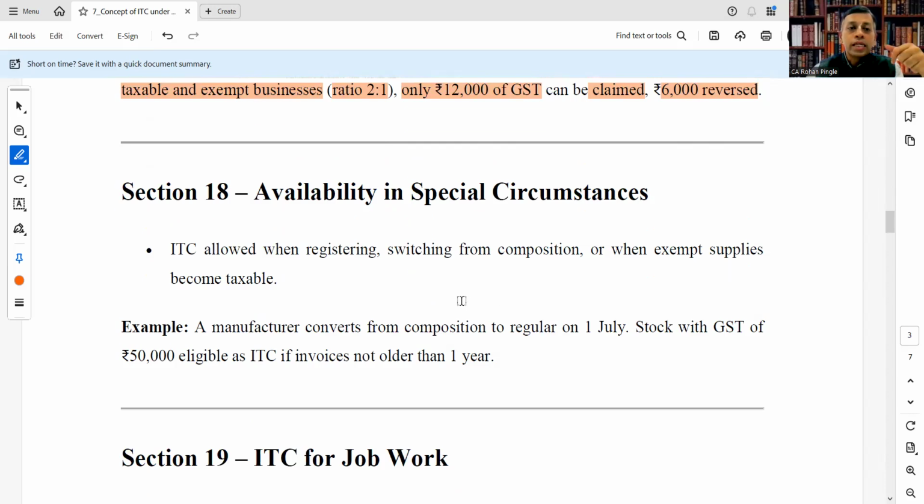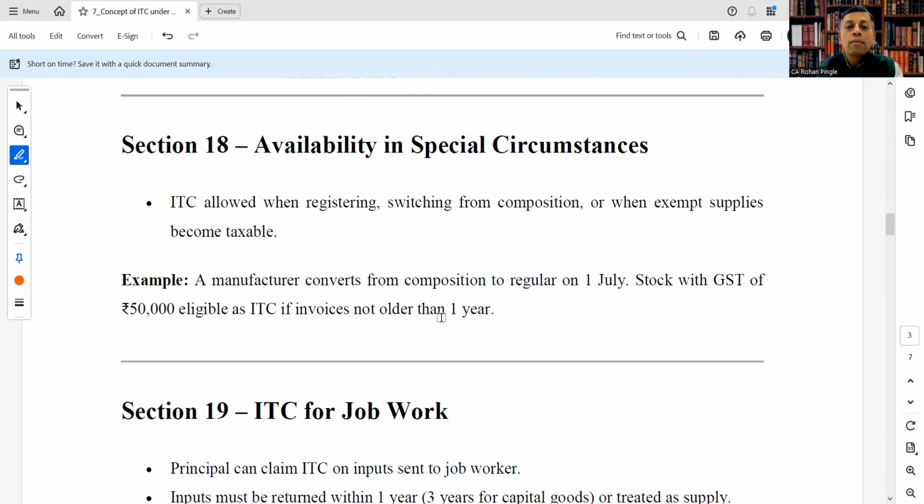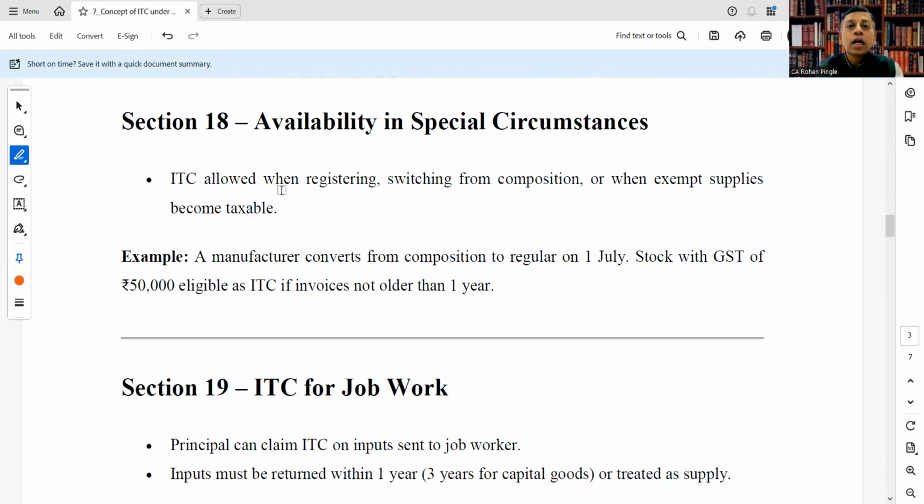Next, section 18, availability in special circumstances. What are they? ITC is allowed when registering, when switching from composition, or when exempt supplies become taxable. These are the special circumstances. Let's see an example so that you will be very clear on that.